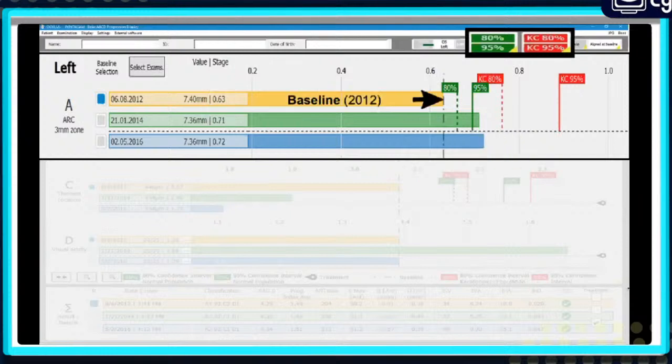So we see here the baseline examination in 2012 as pointed by the arrow. When you compare it to the second visit in 2014, you can see that the values already hit the 80 and 95% confidence intervals. So to simplify things, this just means that the probability of you having significant progression on the anterior surface is 95%.